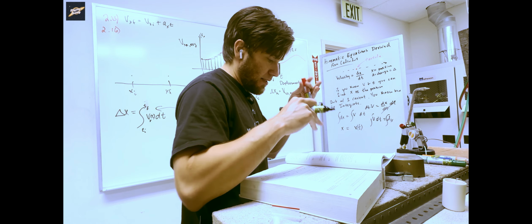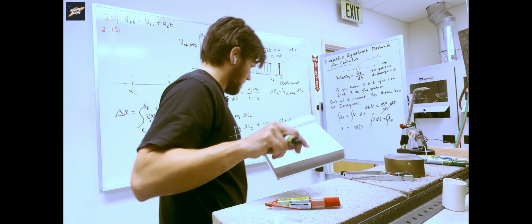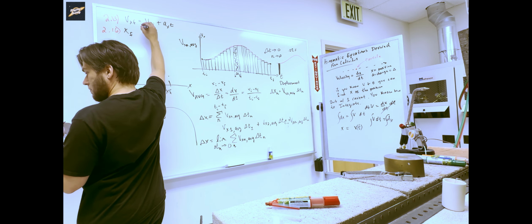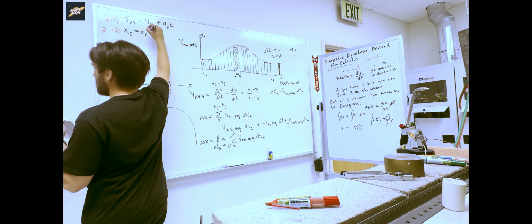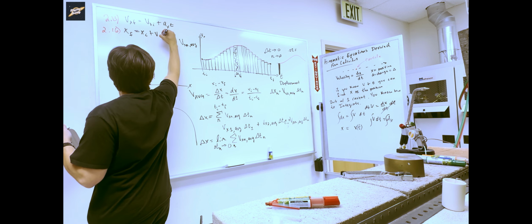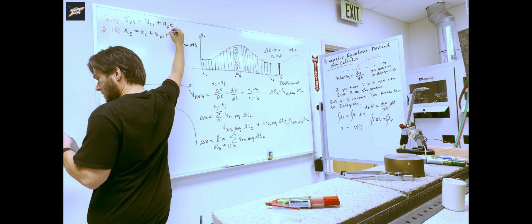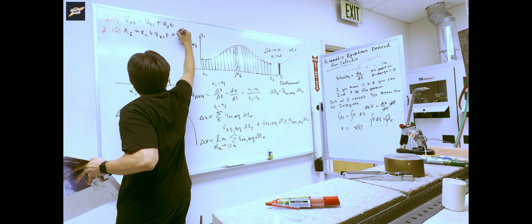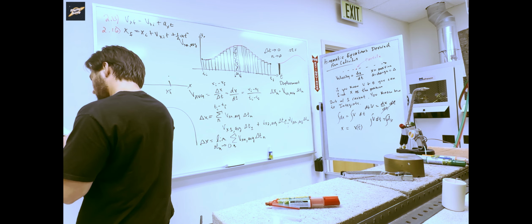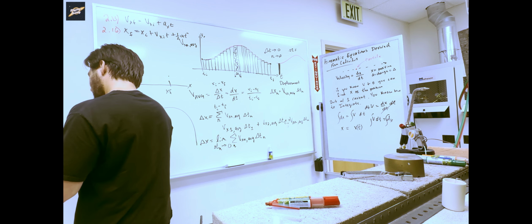So this is x_f equals x_i plus v_xi t plus 1/2 a_x t squared, right?